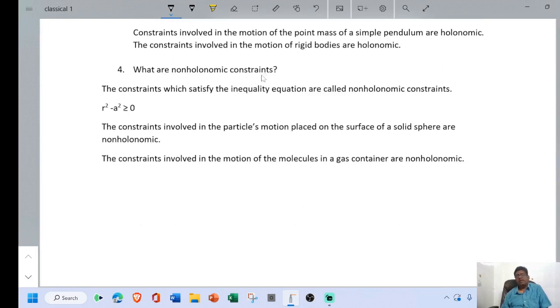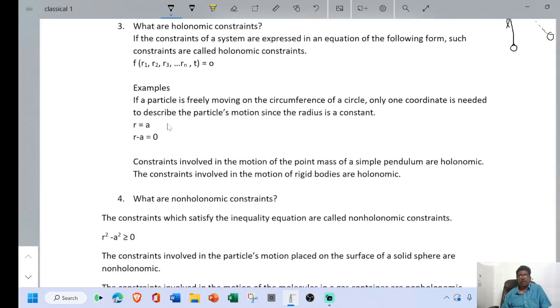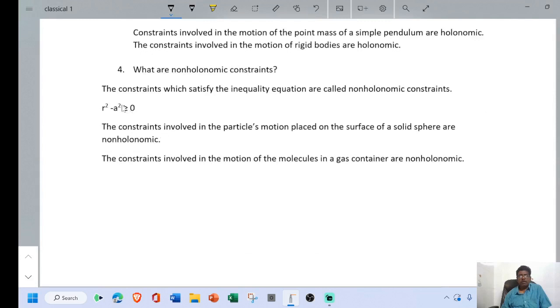What are non-holonomic constraints? The constraints which satisfy an inequality are called non-holonomic constraints. In the case of holonomic constraints, we have this function equal to 0, but here we have an inequality symbol, greater than or equal to 0. Say r square minus a square greater than or equal to 0. This is an inequality equation. Constraints which satisfy an equation of this type are called non-holonomic.